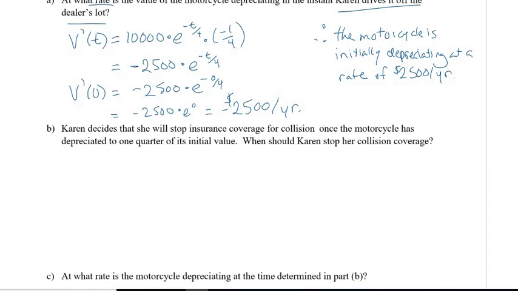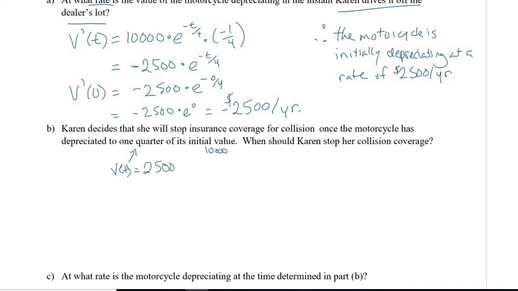Question B asks, Karen decides that she will stop insurance coverage for collision once the motorcycle has depreciated to 1/4 of its initial value. When should Karen stop her collision coverage? So we're trying to figure out once it's reached 1/4 of its value. Initial value was 10,000, so 1/4 of that is 2,500.